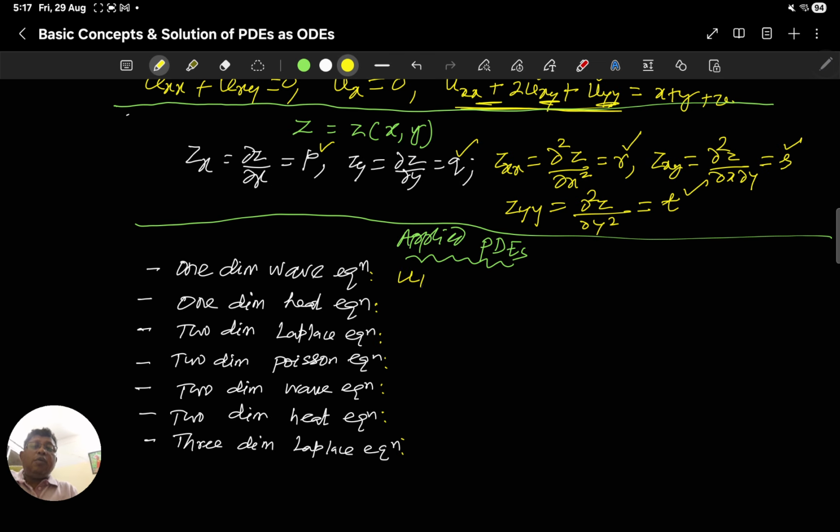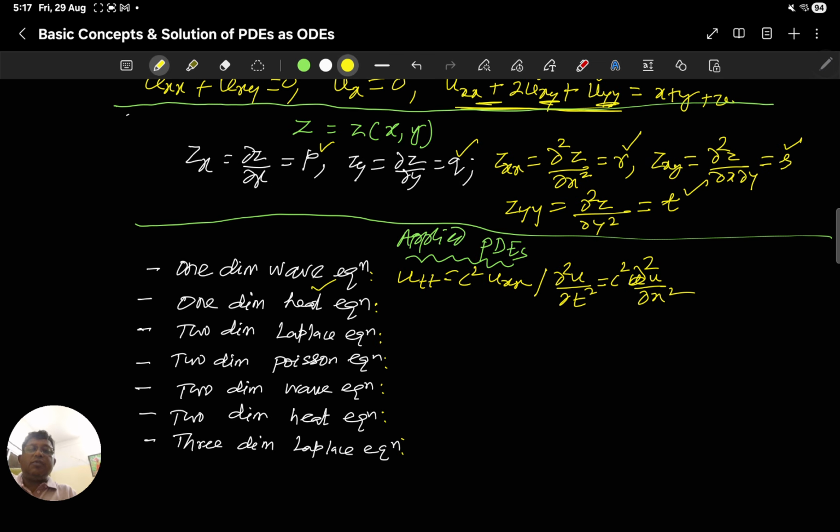utt is equal to c square uxx, right? utt means del square u by del t square is c square del square u by del x square. In short, I write like this.